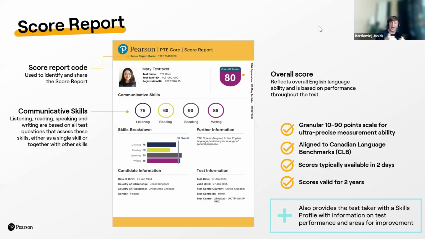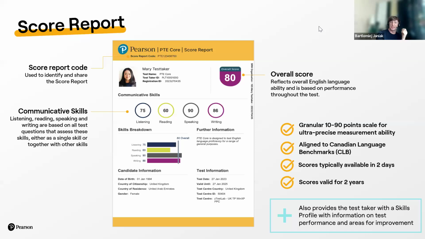And of course, the score guide, you'll get the score report, you'll have the score report code, you'll get the overall scores, you've got the communicative scores, and the score is on a granular scale from 10 to 90 and is aligned to the Canadian Language Benchmark.